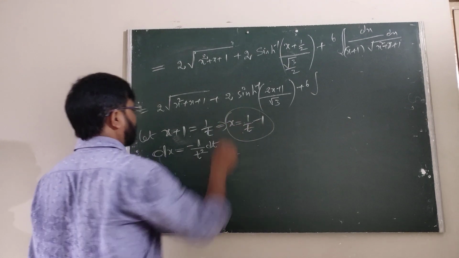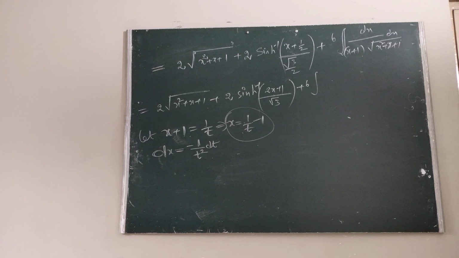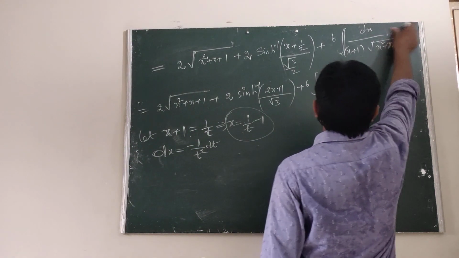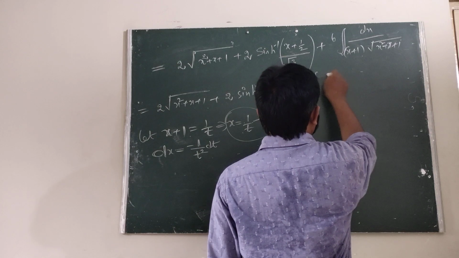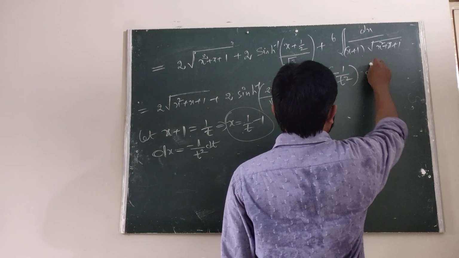Is it okay? This is x equal to, the plus 1 is sent to the other side, 1 by t minus 1. Therefore, what is the dx here? Minus 1 by t square dt.